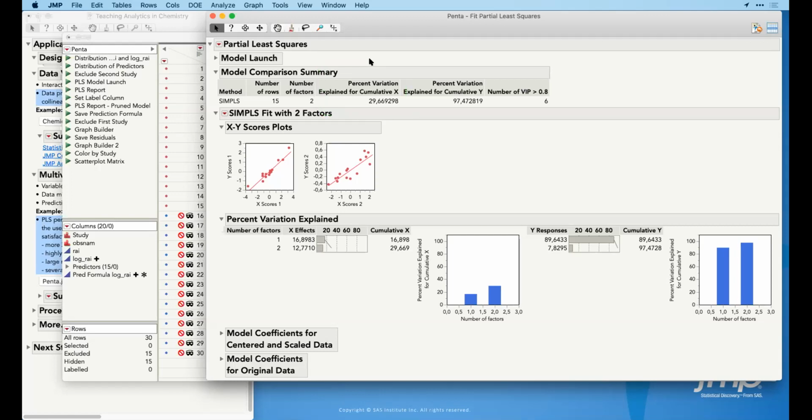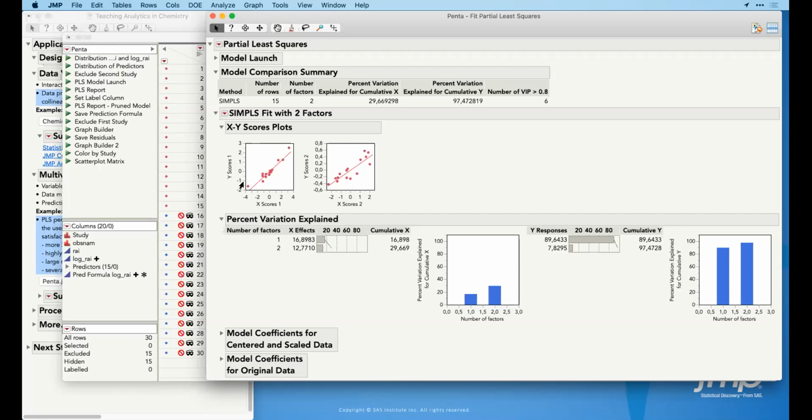So there's a lot of correlation between the X's, and there's some latent structure, and with 2 factors we can explain 30% of the X's and almost all the variation of our response. And from our variables, 6 of them are significantly contributing to these factors.